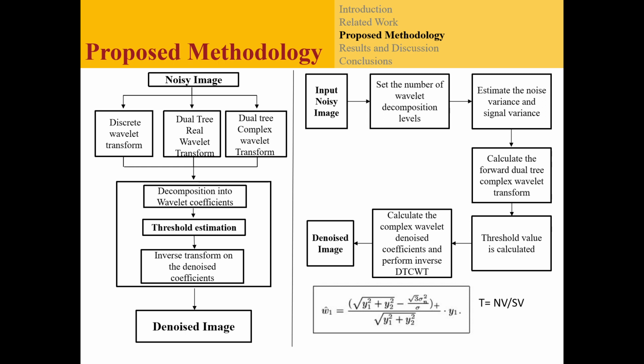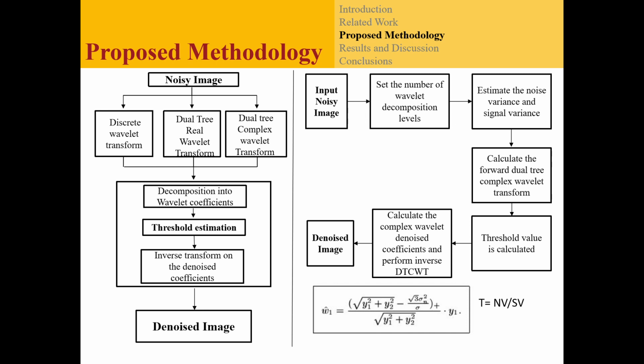With these three techniques, the dual tree complex wavelet transform is more eligible and effective because, from the input noisy image, the number of wavelet decomposition levels are given, the noise and variance are estimated, and then the forward dual tree complex wavelet transform is calculated.